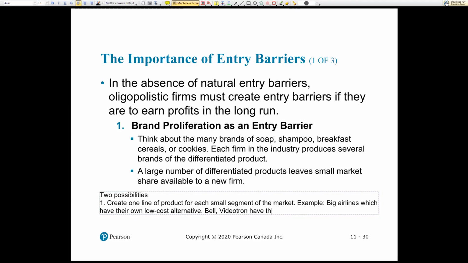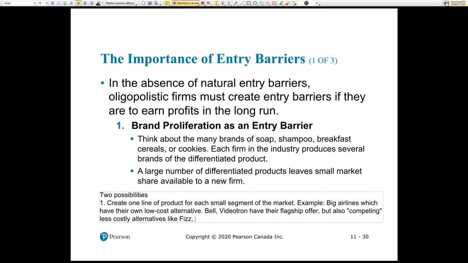Have their flagship offer, but also competing, quote unquote, less costly alternatives, like Fizz or I don't know the others.